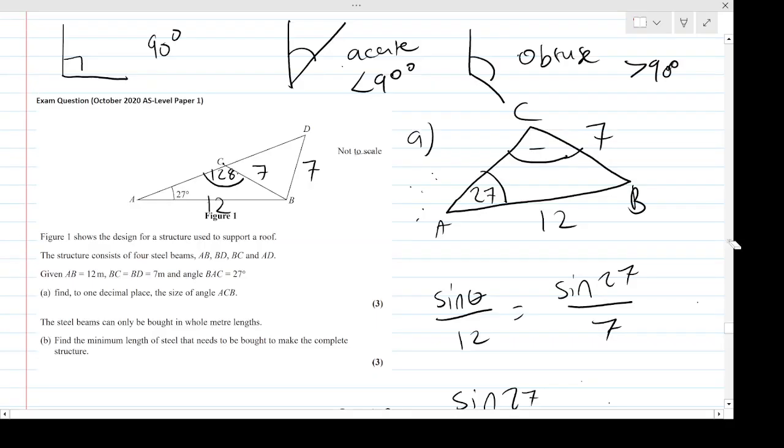I'll do it here actually. Squeeze it in there. So that's 128.9. I'll leave it there. Well, so how can I work out AD?